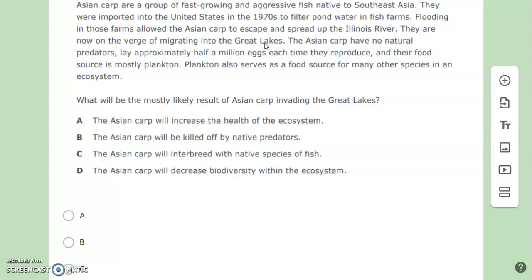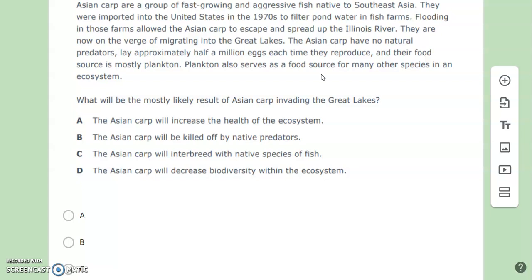Why is this a problem? Well, the Asian carp have no natural predators. They lay approximately 500,000 eggs each time they reproduce, and their food source is mostly plankton, which is also a food source for species that are native to this ecosystem in the Great Lakes.